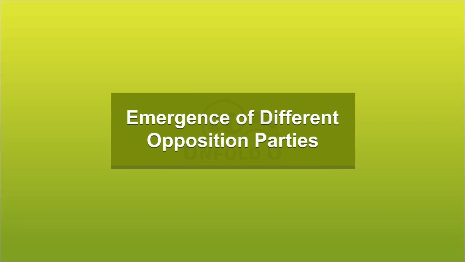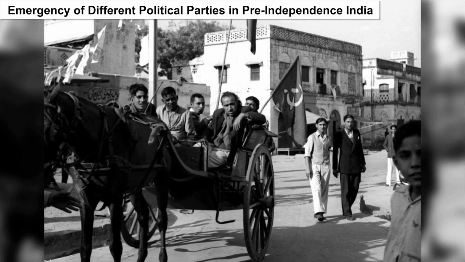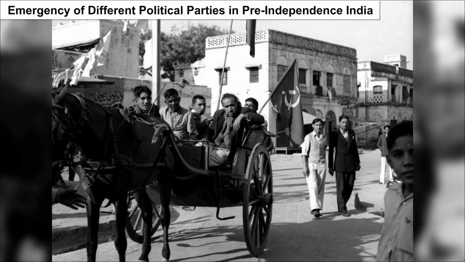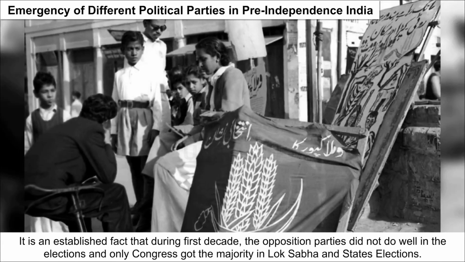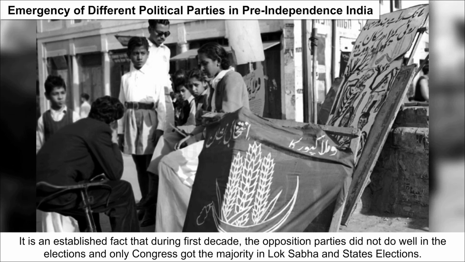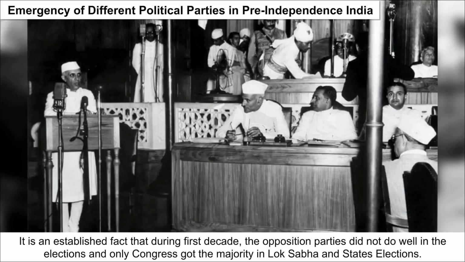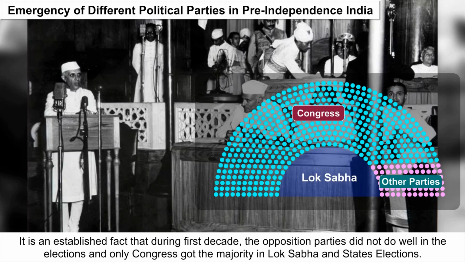Emergence of different opposition parties. Emergence of different political parties in pre-independence India. It is an established fact that during the first decade the opposition parties did not do well in the elections, and only Congress got the majority in Lok Sabha and state elections.